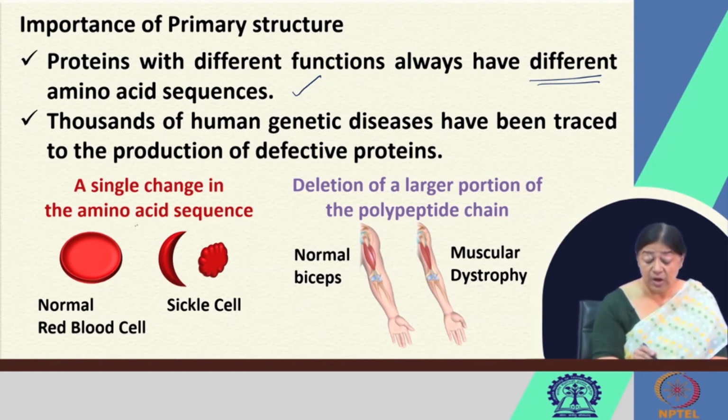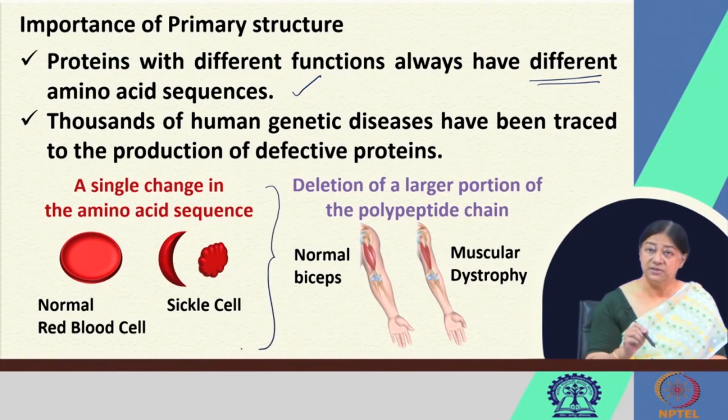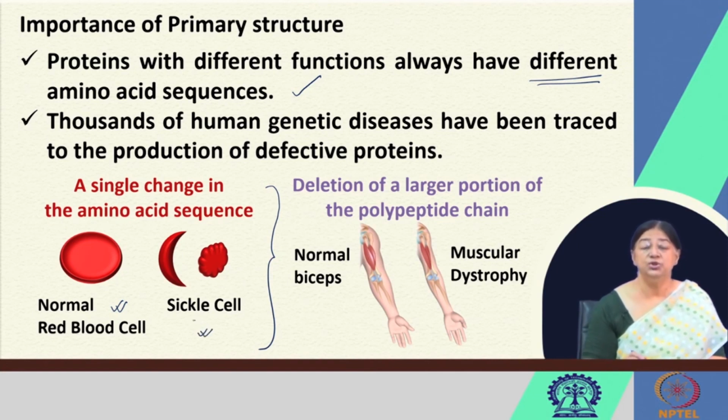We looked at how a single change of amino acid from glutamic acid to valine could turn a normal red blood cell into a sickle cell, depending on the mutation in the type of amino acid, because we are changing the characteristics.